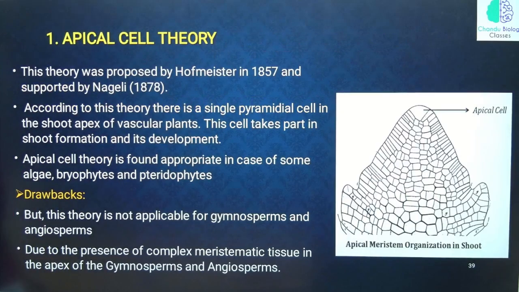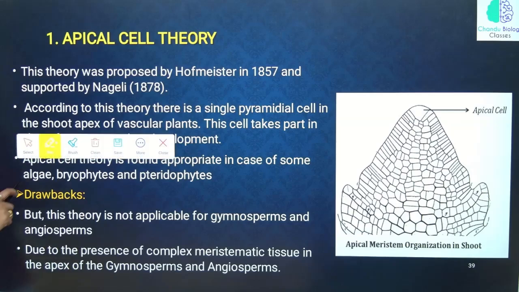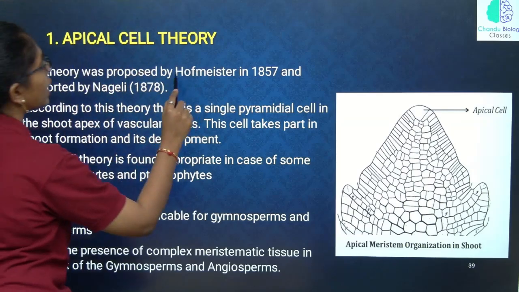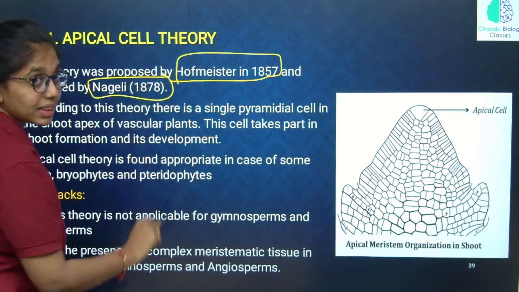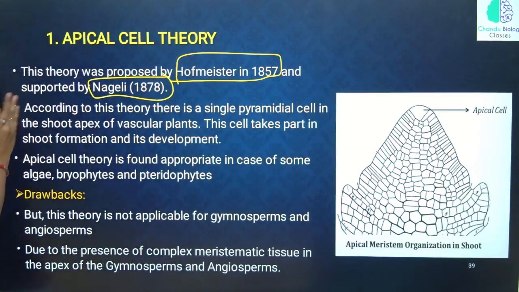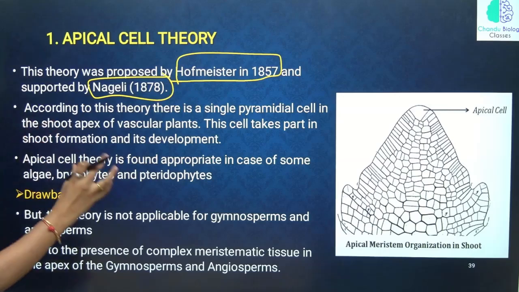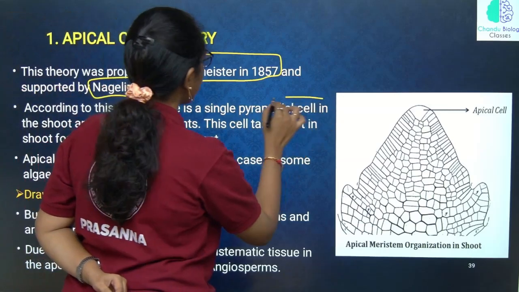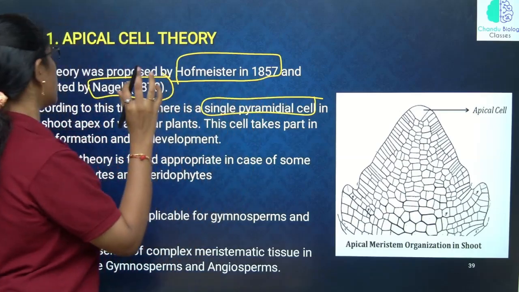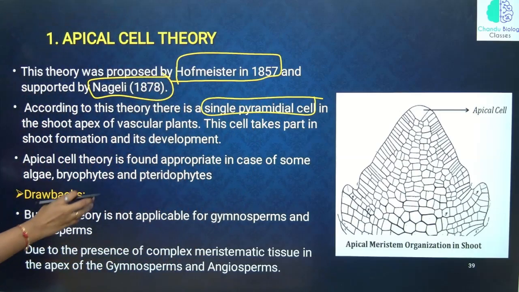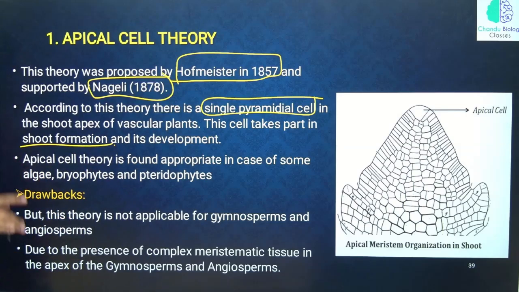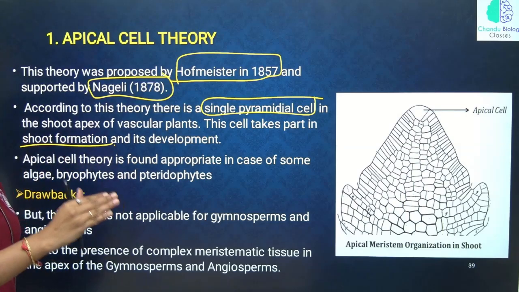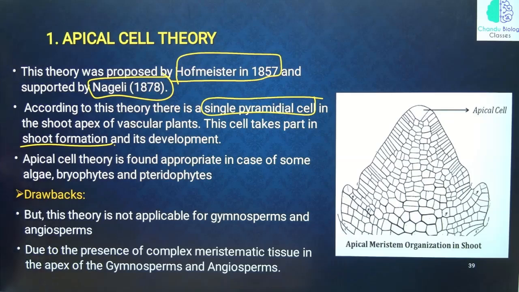Apical cell theory was proposed by Hofmeister and Nageli, wherein according to this theory, a single pyramidal cell in the shoot apex of vascular plants takes part in shoot formation and its development.